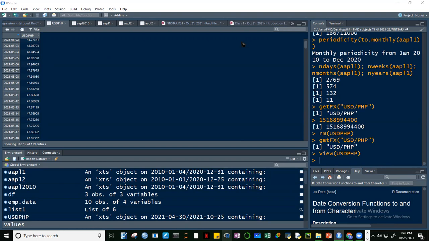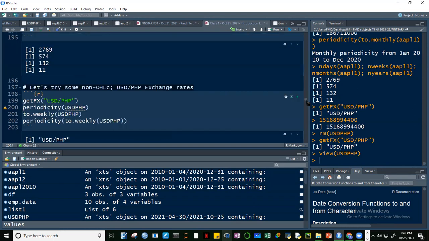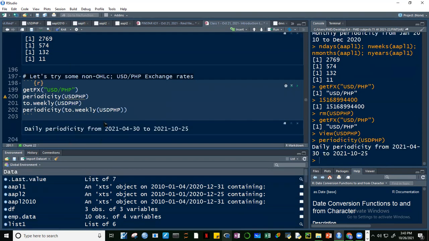Okay, I'll check attendance later, at the end of the period. So let's go back here. The periodicity for this one, the object USD PHP, is daily, from April 30, 2021 up to October 25, 2021.